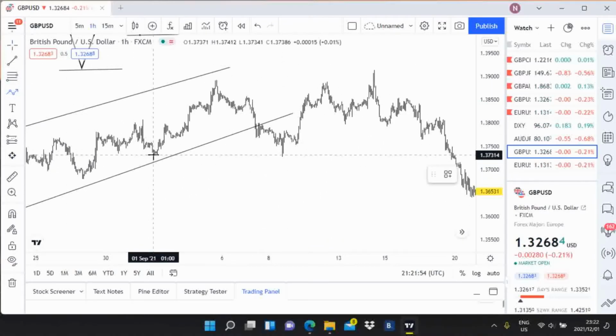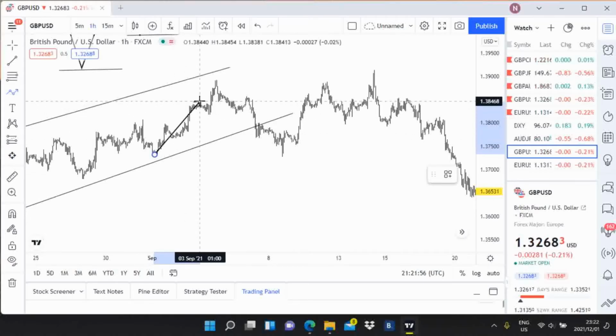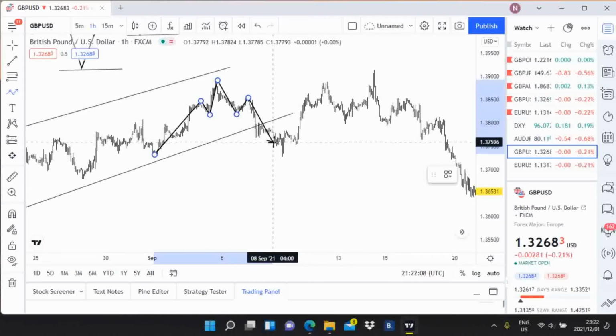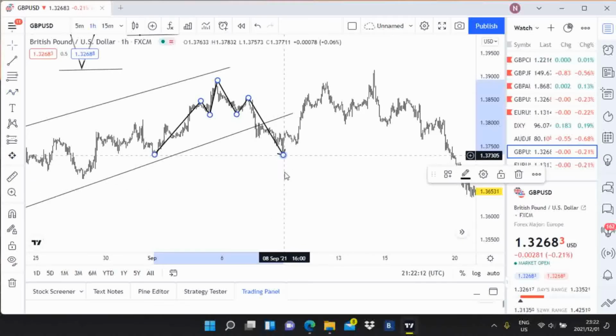The market moved upwards to create your first shoulder, down to create your first part of your neckline, upwards to create your head, down to create the other part of your neckline and your shoulder, and here you go. So your take profit is going to be where your head and shoulder initialized.